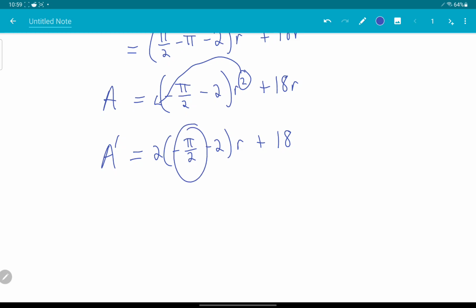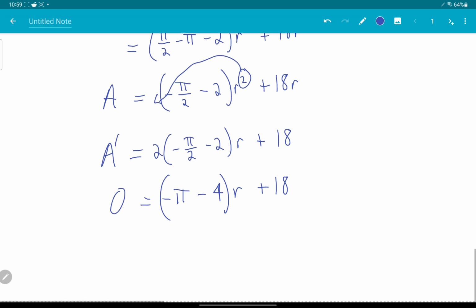Don't like this denominator, so I'll multiply this 2 into the bracket. Minus pi minus 4 over r times r rather, plus 18. And we're setting this equal to 0 to find the maximum area.